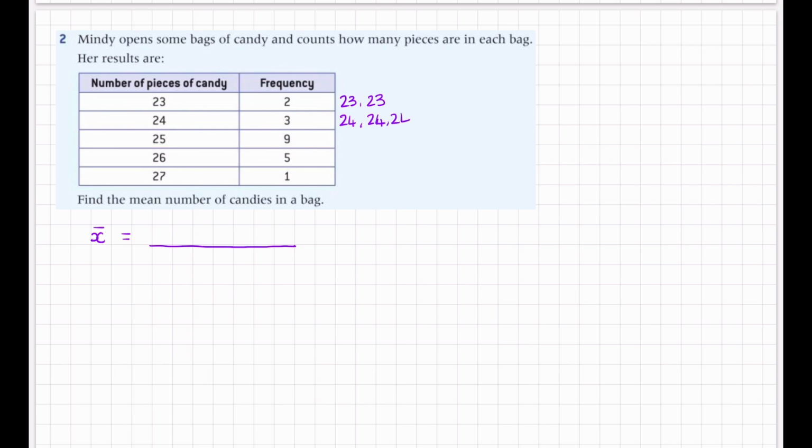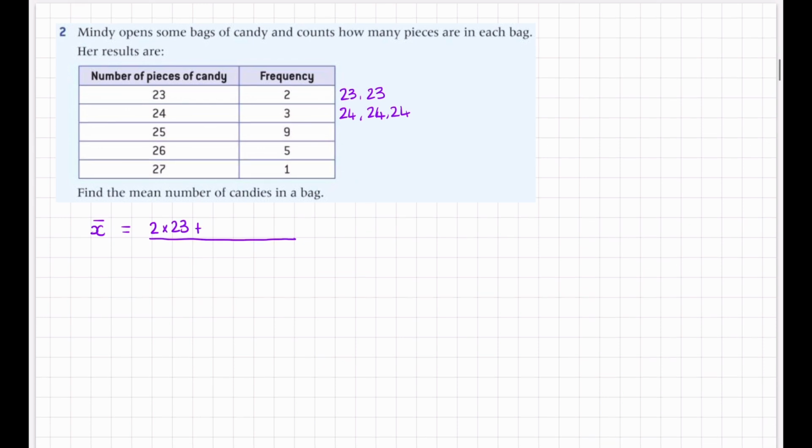So you could write that all out and get to an answer, but that's not going to work for this. It's going to take too long, especially when you get up to, say, 100, 200 sets of data. All we need to do in our equation here, though, to find out the mean is we have 2 23s. So we can do 2 times 23. Add that to how many 24s have we got? 3, so it would be 3 times 24. And so on.